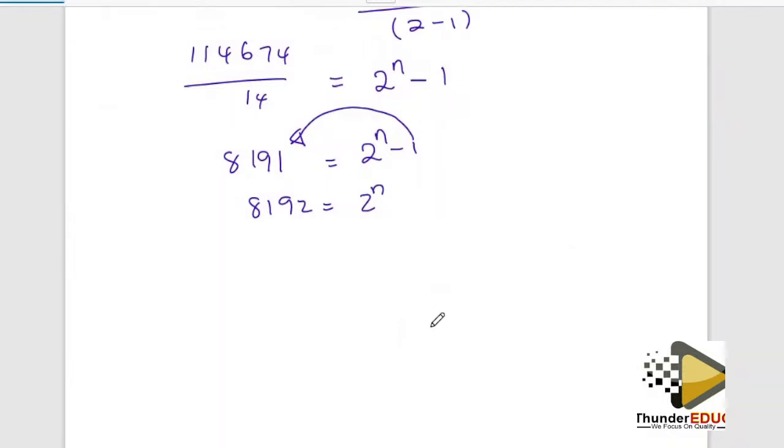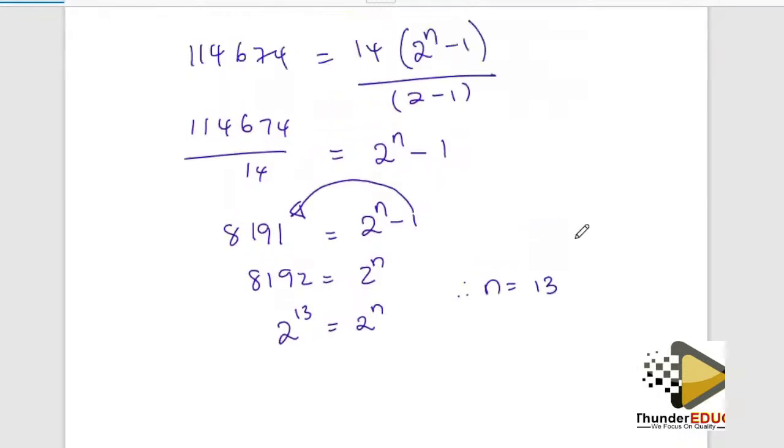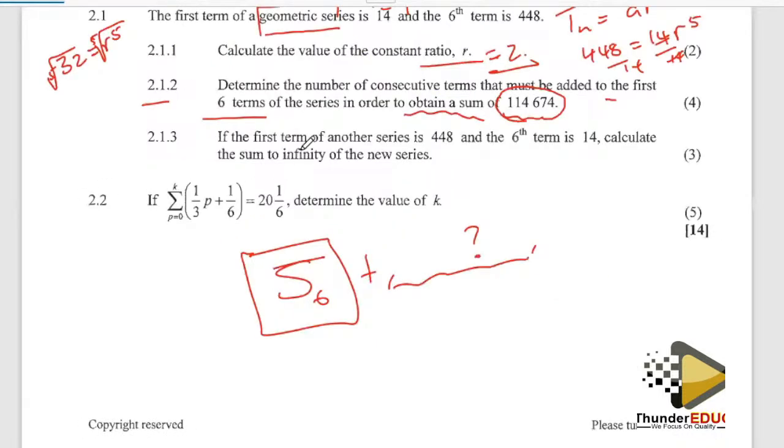8192, I use my factorization. It's giving me 2 to the 13 is equal to 2 to the exponent of n. So the bases are the same, which means n is 13, so we are looking at 13 terms. But the question is asking us to determine the number of consecutive terms that must be added to the first 6.